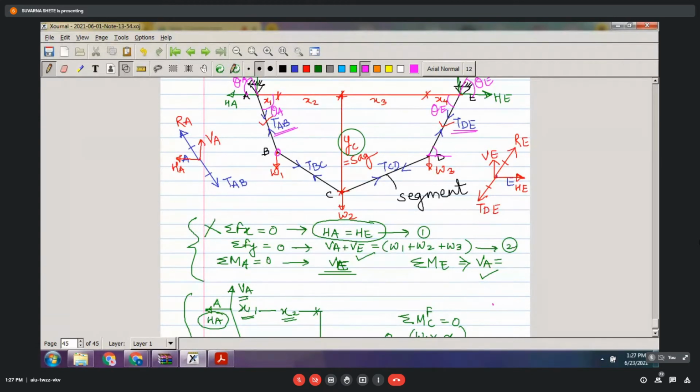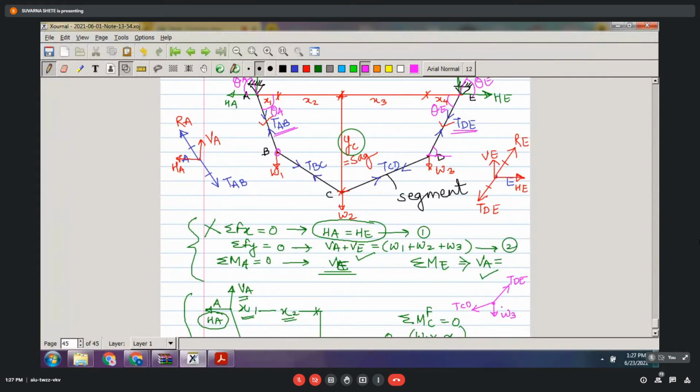So if I draw the free body diagram of this D, it will have tension DE, tension CD and W3. Can I solve it again either by Lami's theorem, or if some angles are missing, I can even use summation Fx is 0 and summation Fy is 0.